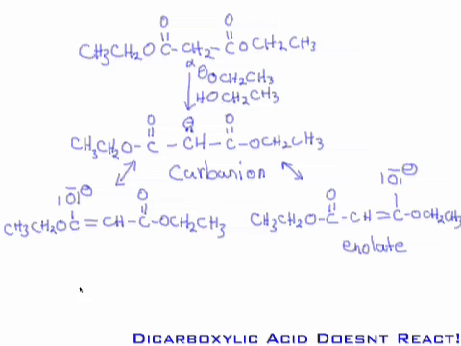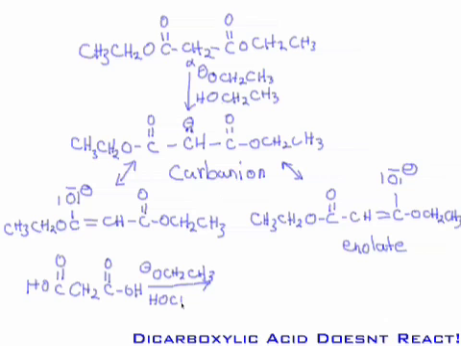If we had the dicarboxylic acid malonic acid, and we react it with a powerful base such as ethoxide, instead of deprotonating the alpha carbon to the carbonyl, the far more acidic protons are on the oxygen.